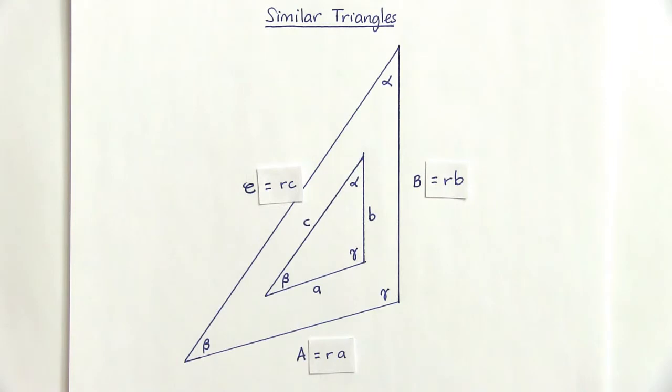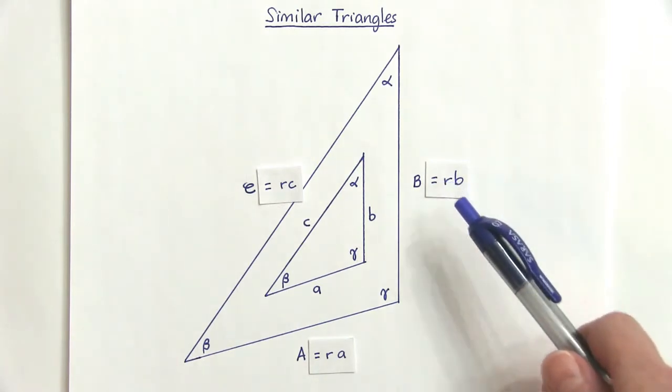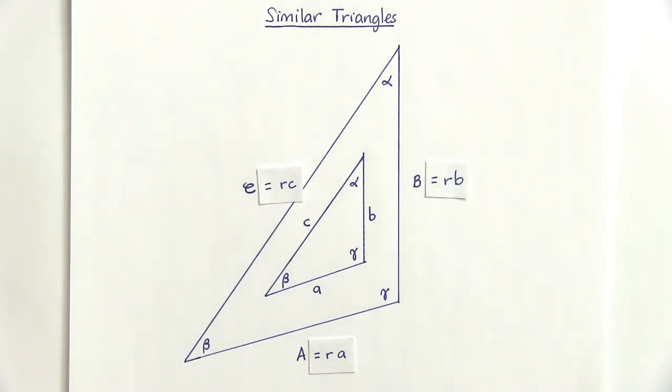And if the scaling factor R is 1, then the triangles are exactly the same size, so not only are the triangles similar, but in fact they're the same, so they're congruent in that case. And similar triangles is generally written this way.